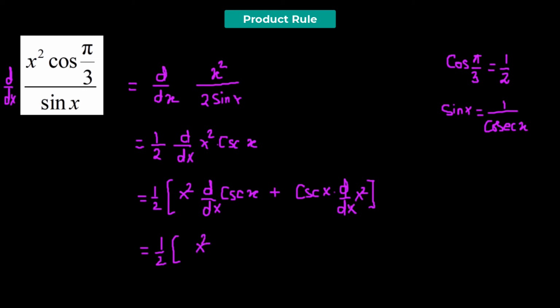Now the derivative of the cosec function is negative cosec x times cot x, so we get x squared times negative cosec x cot x, plus cosec x times the derivative of x squared, which is going to be 2x. So this is the derivative of the given function with respect to x. Let's move on to the next question.